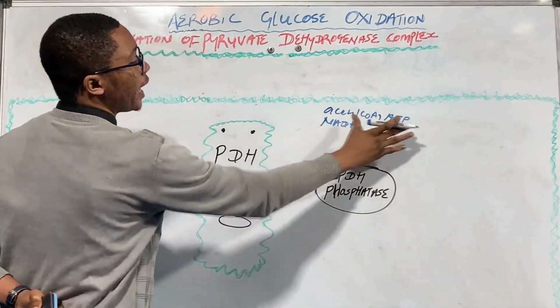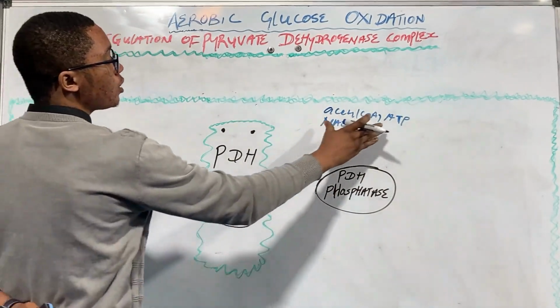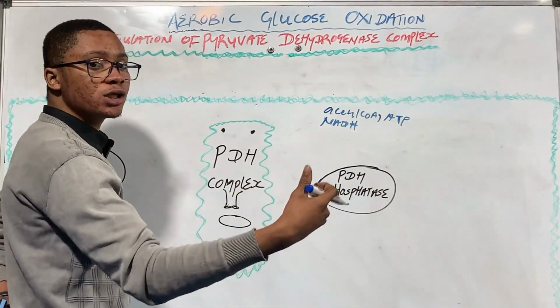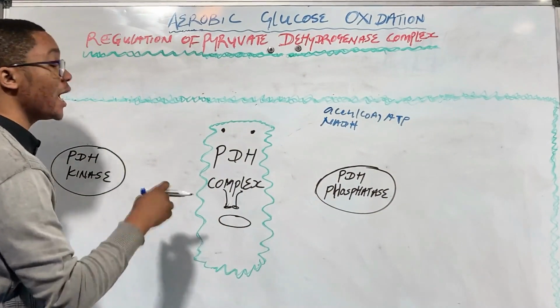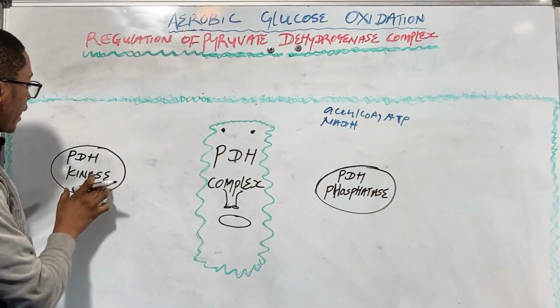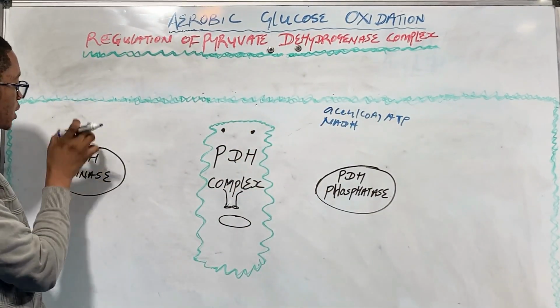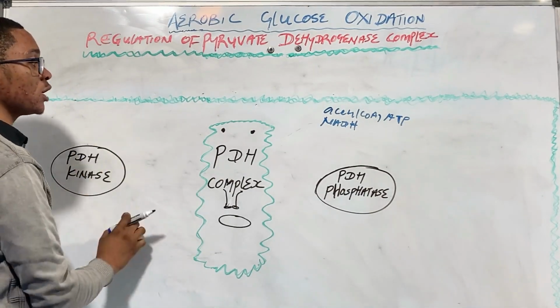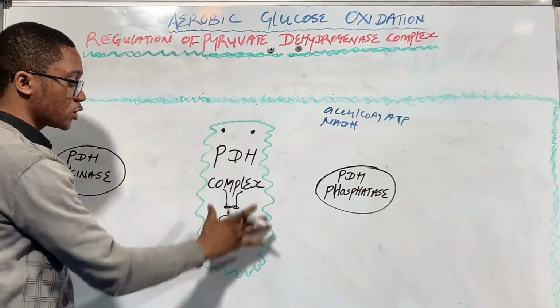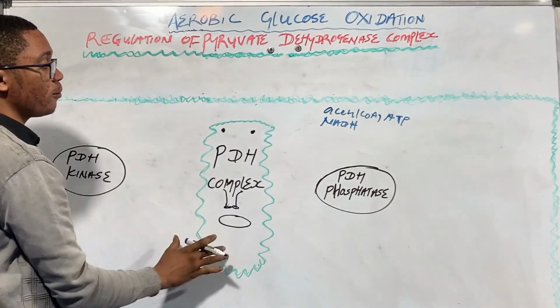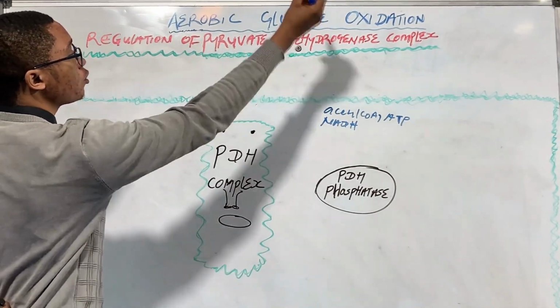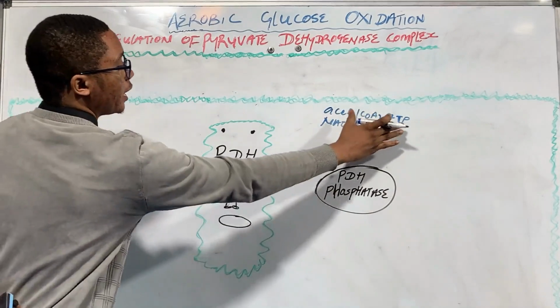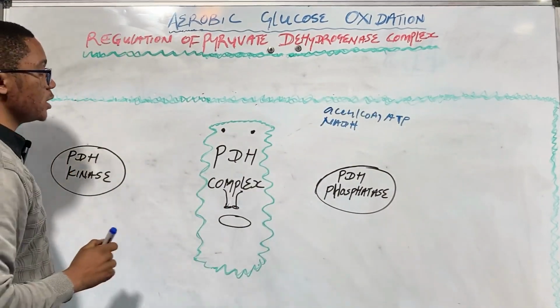So once these end products accumulate in the body, they stimulate this pyruvate dehydrogenase kinase, and they cause it to phosphorylate this complex, to stop the complex from carrying out aerobic glucose oxidation.